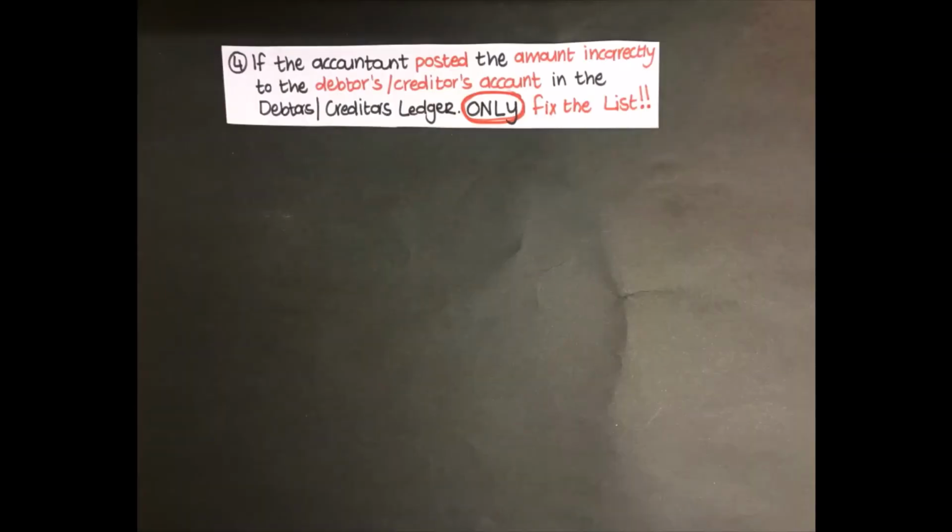Rule number 4. If the accountant posted the amount incorrectly to the debtors or creditors account in the debtors or creditors ledger, you only fix the list. In other words, if the journal is perfect, but in the process when the journal transaction was taken to the debtors or creditors ledger, the amount was posted incorrectly, then you only fix the list, because the journal is perfect, so the control account is still perfect.